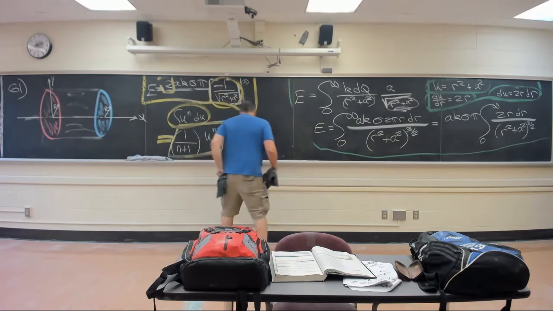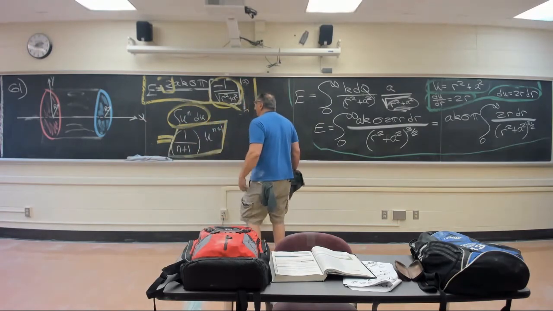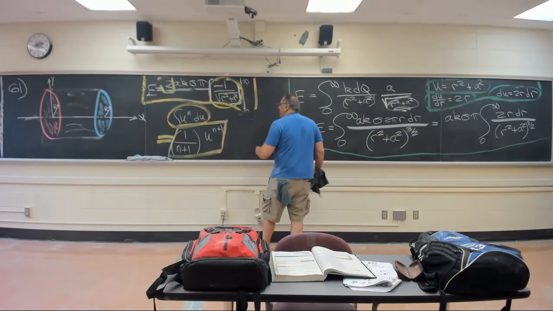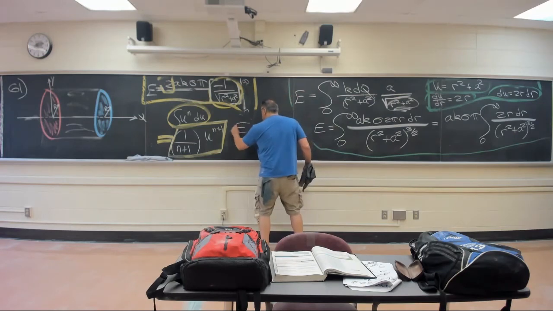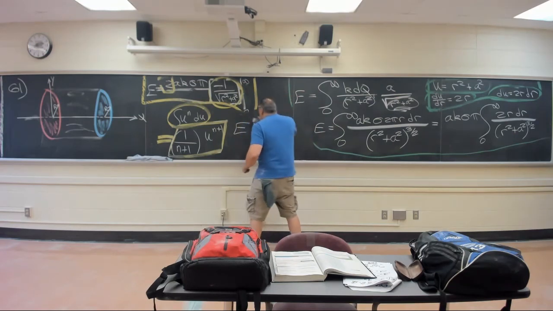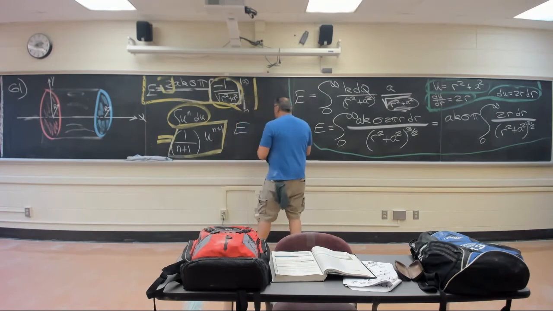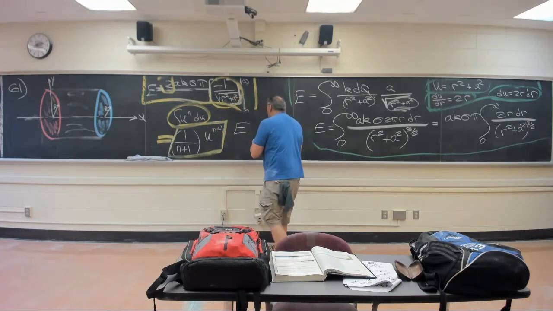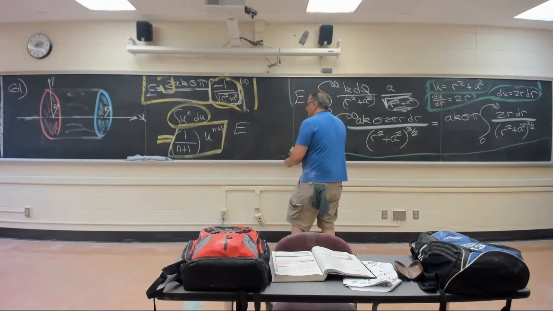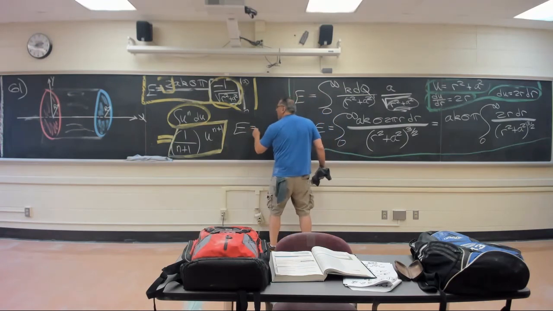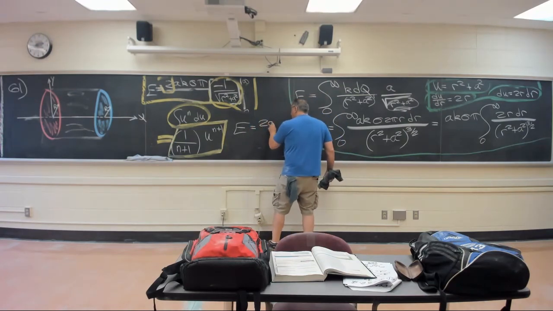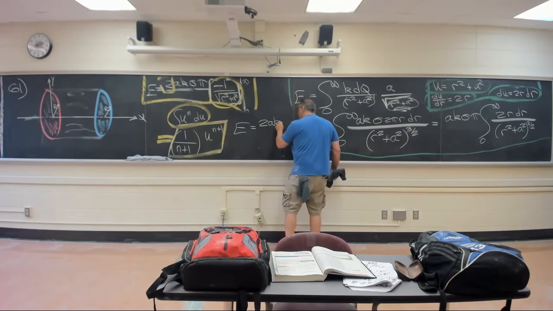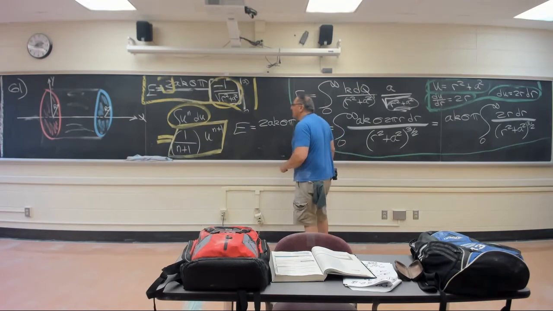Okay, well, all right, you heard the song and dance. Here we go. We drew the conclusions that we drew. We got E equals 2A K sigma pi.